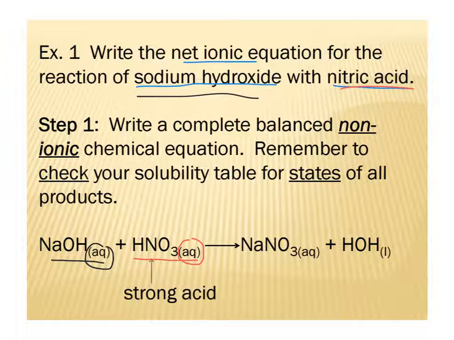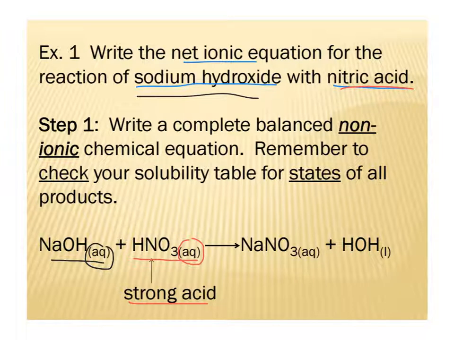Now, we have to remember that our nitric acid is a strong acid. So what will our products be? Well, it's a double replacement or neutralization reaction, so we're going to get sodium nitrate, NaNO3, and water, HOH.